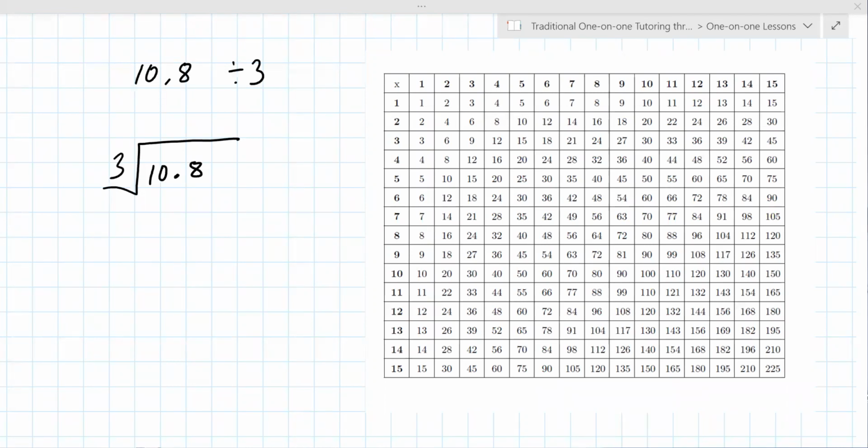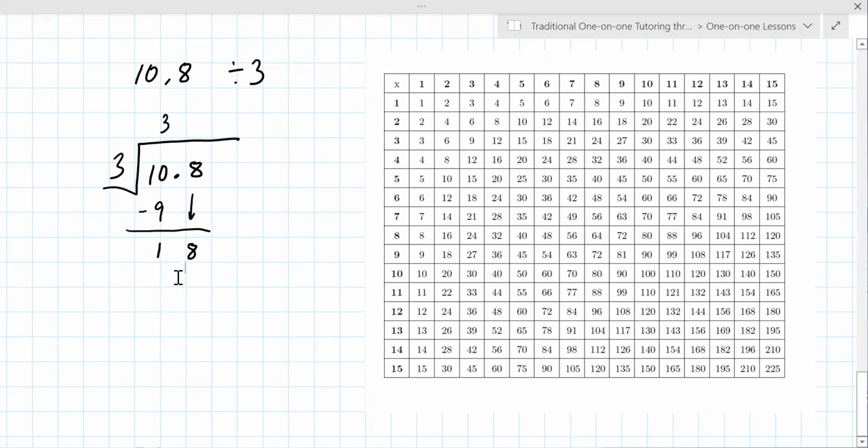And then we put the 3 on top of the 10, and then we ask ourselves, what's 3 times 3? You multiply. 3 times 3 is 9. We put it on the bottom of the 10, subtract, and that leaves 1, and then we bring the 8 down, and we subtract 18 minus 18, remainder 0. Well, 3 has to go into 18.